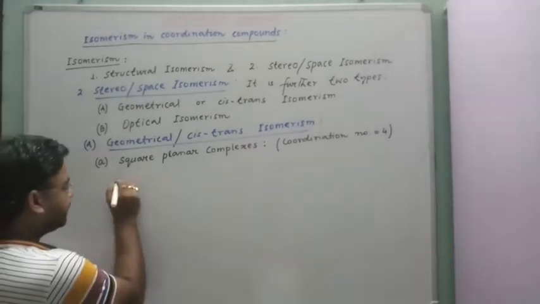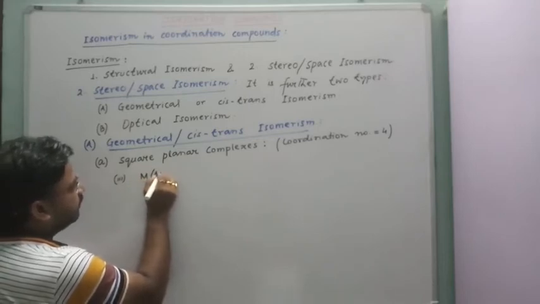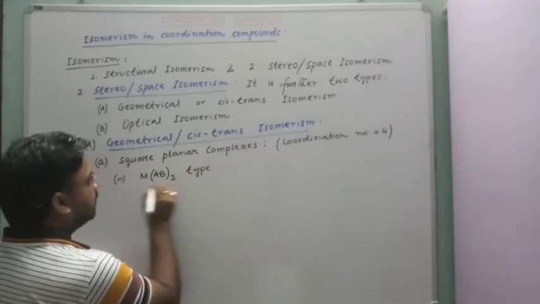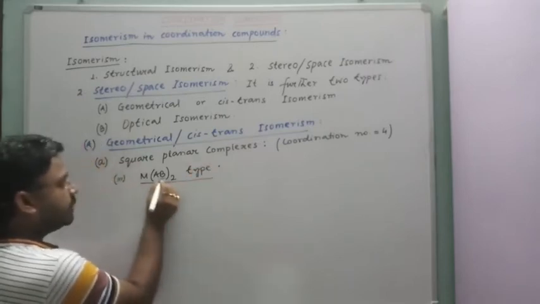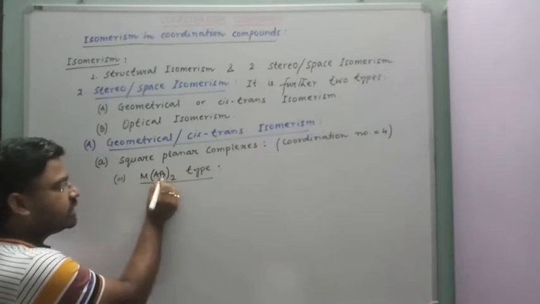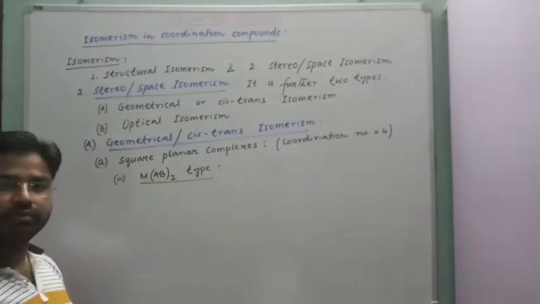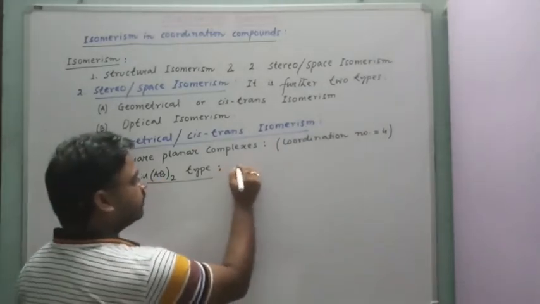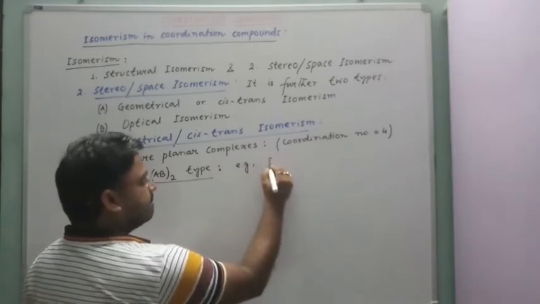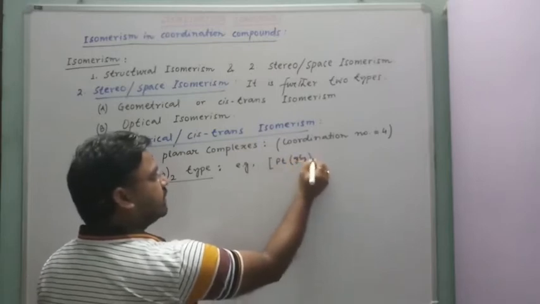Number 3, M(AB)2 type. So AB, this is a didentate ligand which contains two different donor atoms. Example, Pt(Gly)2.